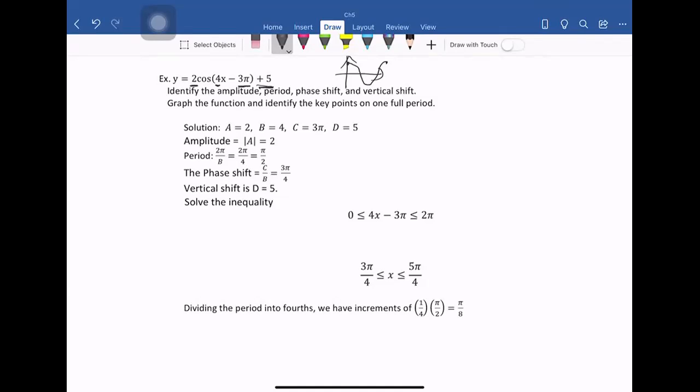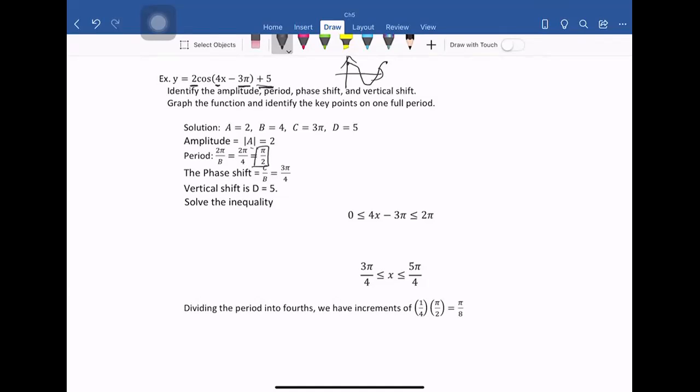Amplitude is the absolute value of A, that's 2. Period is 2 pi over B. It's pi over 2. The phase shift, that's our first starting point.